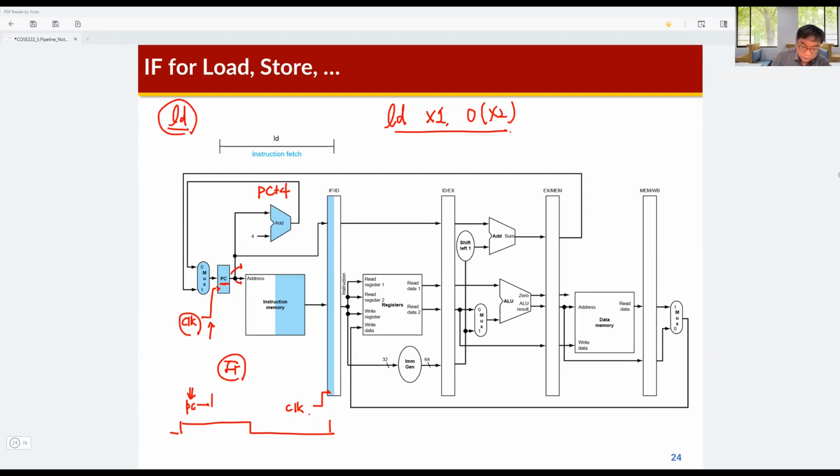Because this is a combinational logic, after some delay, like delta t, the instruction comes out from the instruction memory, and this instruction is sampled by the rising edge of the clock at this pipeline register. You understand?